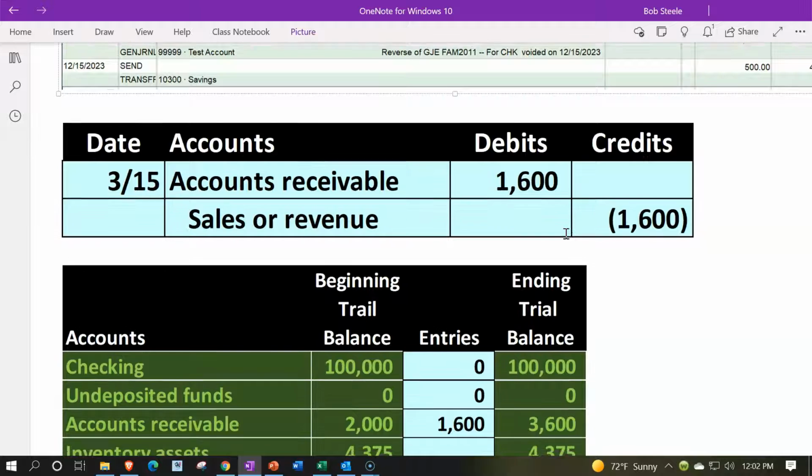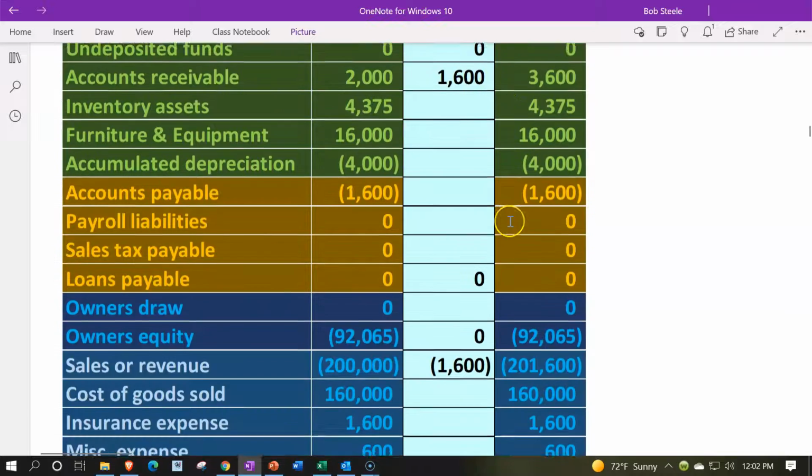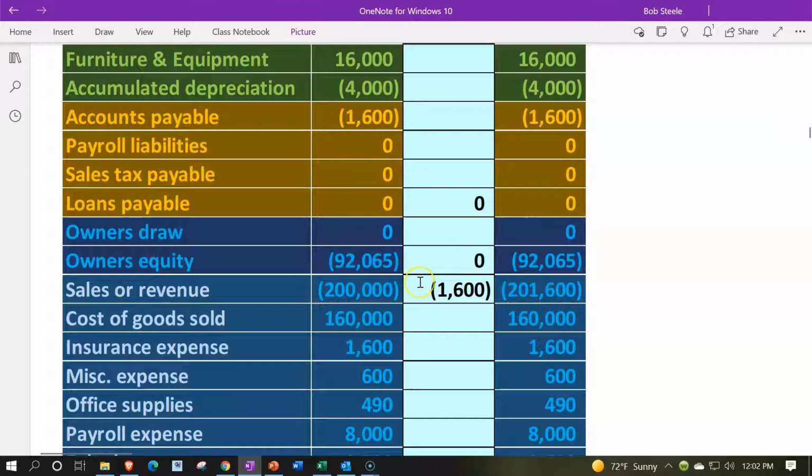So if we had our beginning balance on the left-hand side, activity in the middle, ending balance on the right, the accounts receivable would go up from 2,000 by 1,600 to 3,600, and the sales would go up. This is our revenue account, by 200,000, up by 1,600 in the credit direction to 201,600.